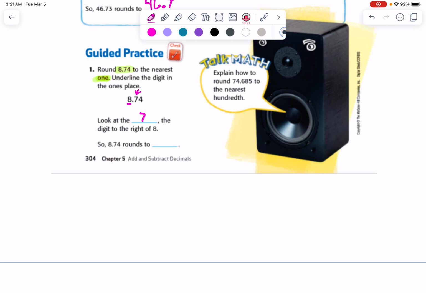Well, 7 is greater than or equal to 5, which means we round up. So 8.74 rounds to, I just messed it up. My bad. Okay, we're rounding to the ones place. That rounds to 9 because 7 is greater than or equal to 5. And just to jog our memory, if it's less than or equal to 4, we round down.